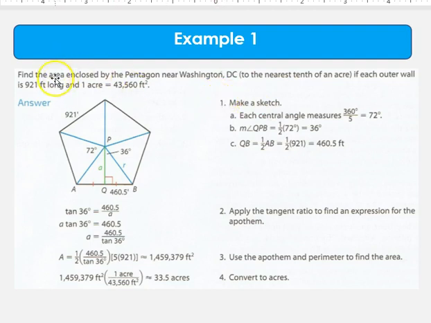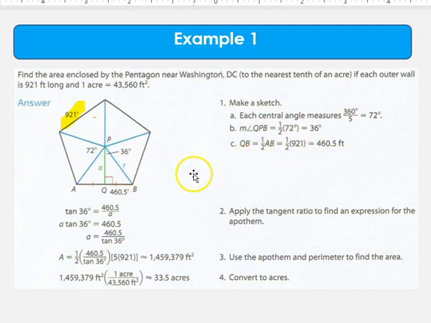So we're going to find an area enclosed by a pentagon. Now the Pentagon in Washington just happens to be in the shape of a pentagon, so draw it. And then it says each outer wall is 921 feet long, so go ahead and mark that on your drawing.